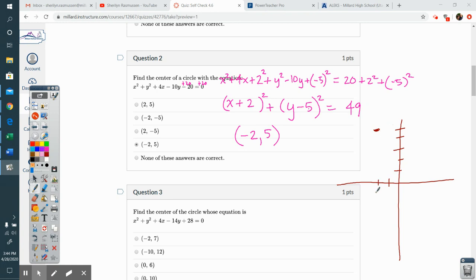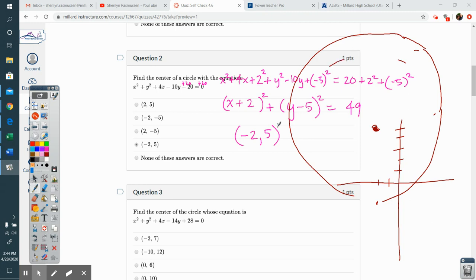So the circle would be 7 units surrounding the center. Now that's a terrible circle because I'm not drawing correctly, but that gets the idea. So the center would be at negative 2, positive 5. The radius is 7, so it's 7 units surrounding that center. So that's kind of what's happening.